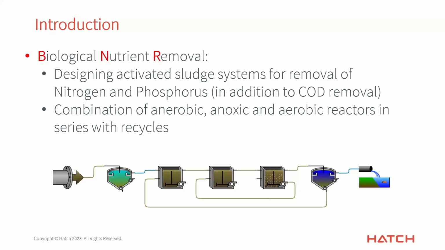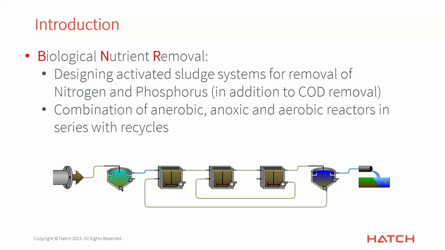These are conventionally a number of tanks in series that are under different conditions, anaerobic, anoxic, and/or aerobic conditions. And they're usually a bunch of tanks in series with some internal recycles from the end of the system back to the front and so on. And the various systems are designed to do different things in different ways.